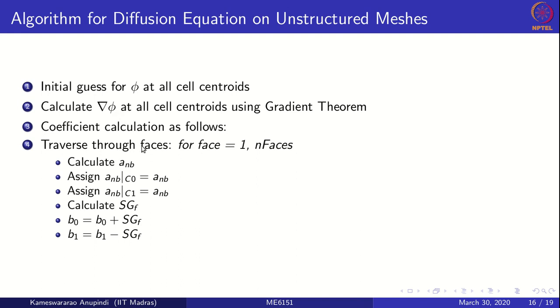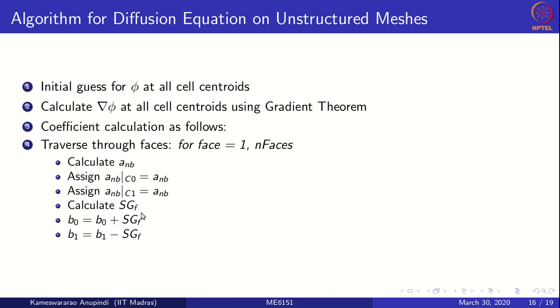For calculating the coefficients, we first traverse through the faces. So we have a list of faces. If I use face as my index I, I go from face 1, 2, 3 and so on to n faces, which is the total number of faces I have in a particular mesh. We traverse through the faces one by one, and when we are at the face F, we calculate A and B, that is we calculate AF and assign it to both the cells C0 and C1 as it is.